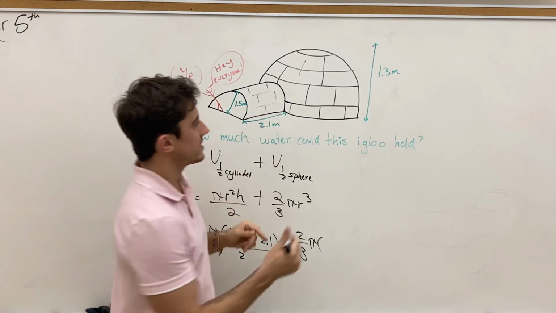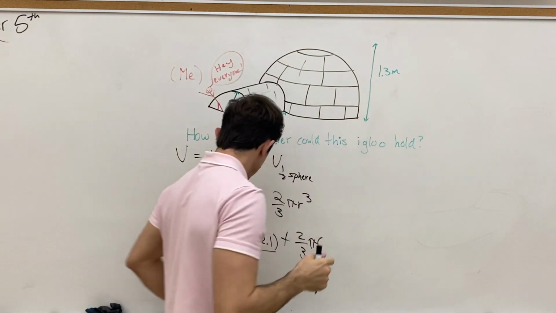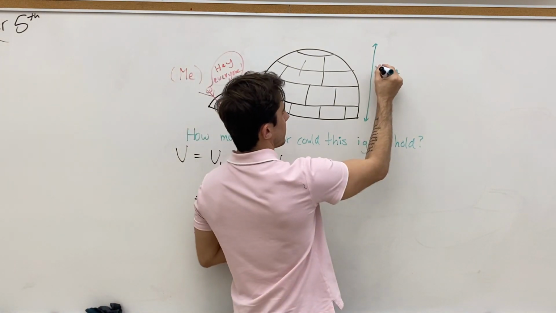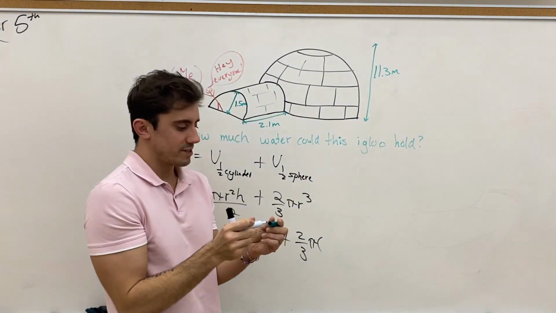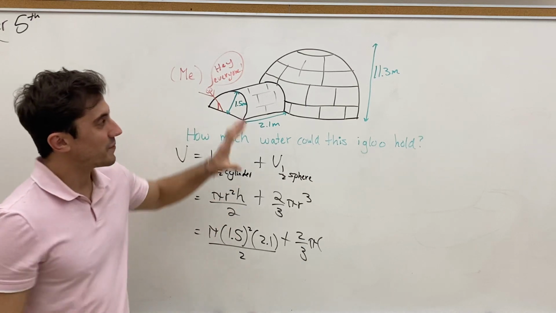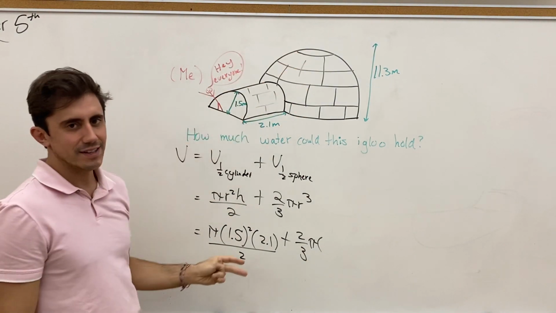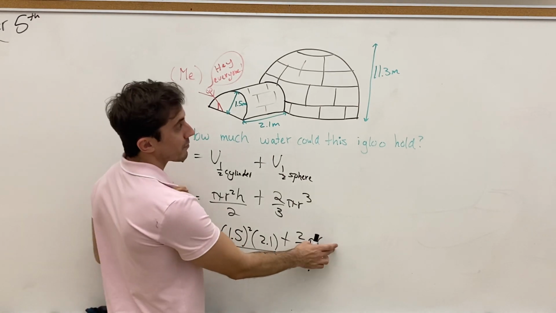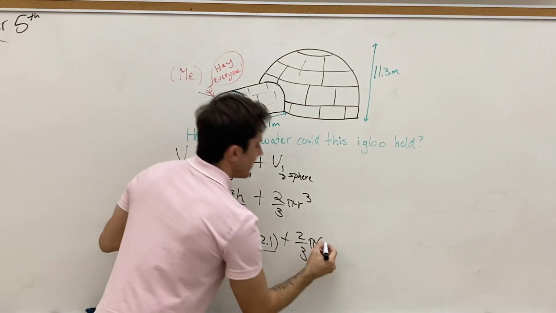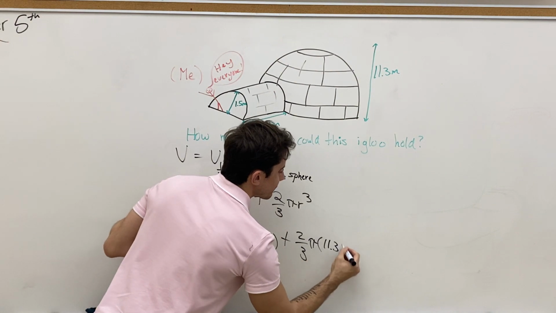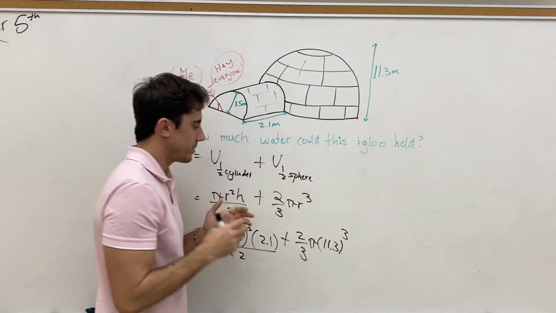That should not be 1.3, let's say 11.3, because that doesn't make much sense. I meant to put 11.3. I'm terribly sorry, viewers. So with that in mind, we'll have a radius of 11.3 meters. Let's plug that in. And we have that being cubed.